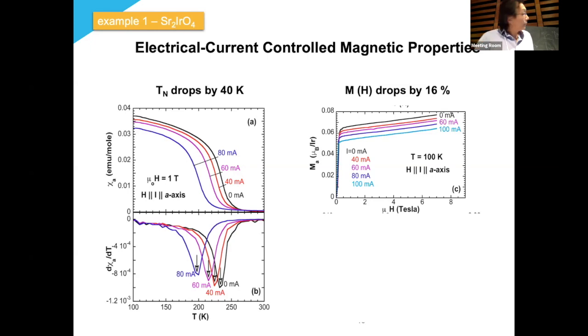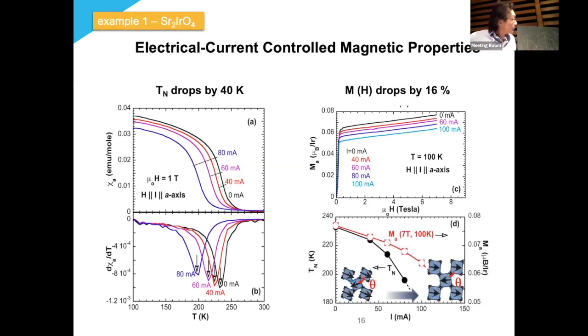And if we measure this, we also measure isothermal magnetization here with current. So we also see the magnetization drops by 16% at about 100 milliamps. So all this behavior, we argue, is because of the current. Here is the Néel temperature, and this is magnetization.